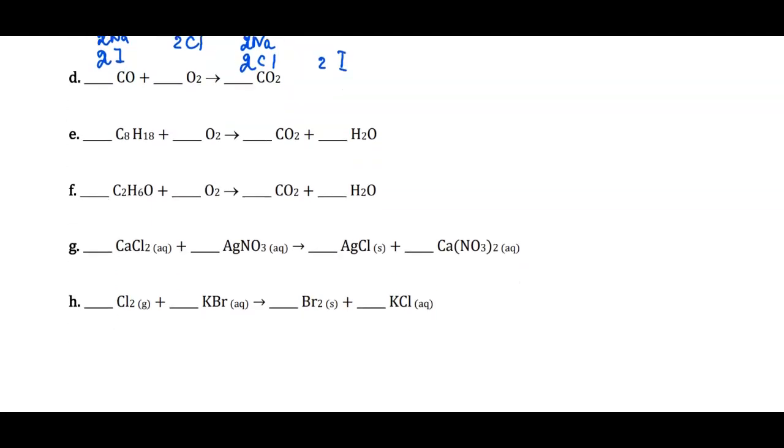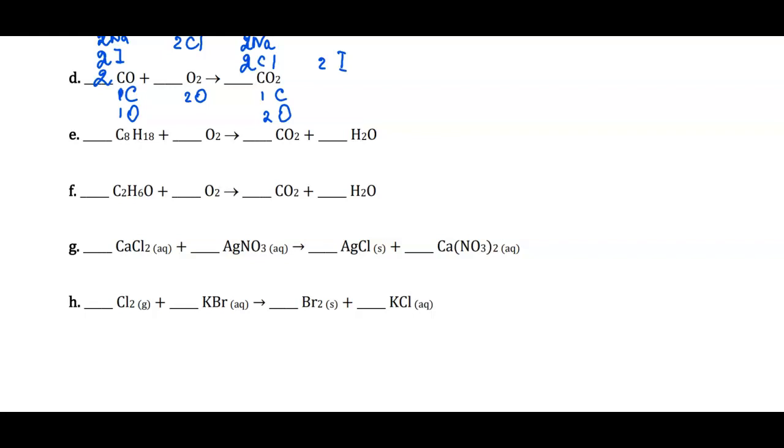Okay. Next one, CO plus O2. One carbon, one oxygen, and two oxygens here. One carbon, two oxygens, right? So carbon is balanced, but there is one oxygen on one side and two oxygen on the other. I add a coefficient 2 in front of CO because I need to double the amount of oxygen to be able to put whole coefficients in front, right?